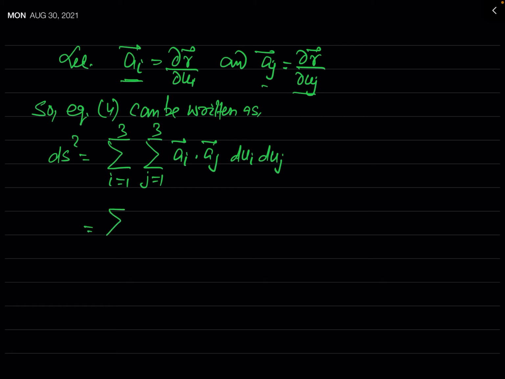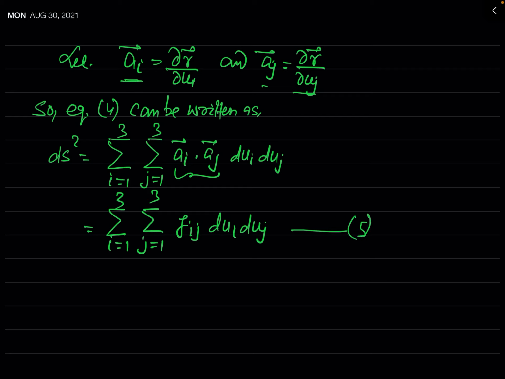This result may be written as summation over i 1 to 3, summation over j 1 to 3, gij dui duj, where the scalar product of ai and aj is written by the symbol gij. Say this is your equation 5.